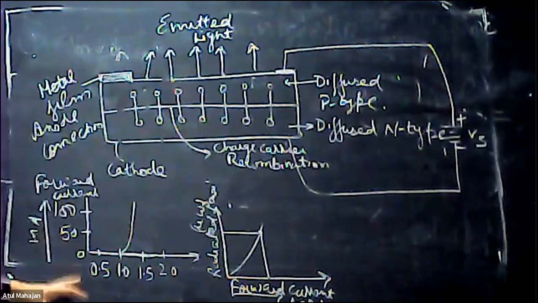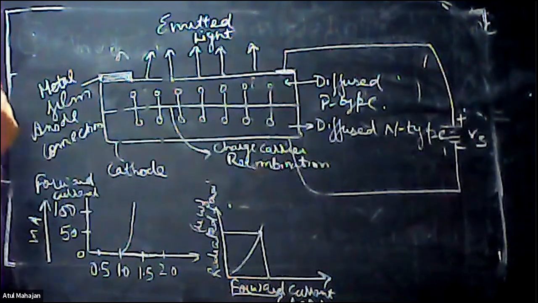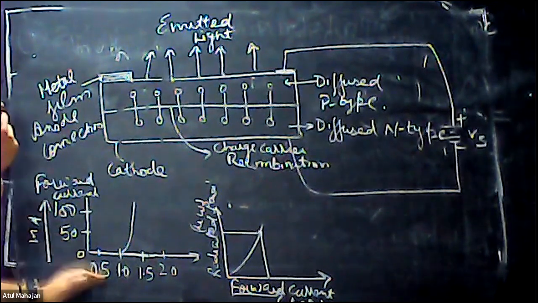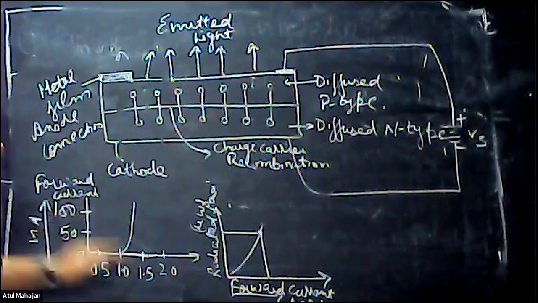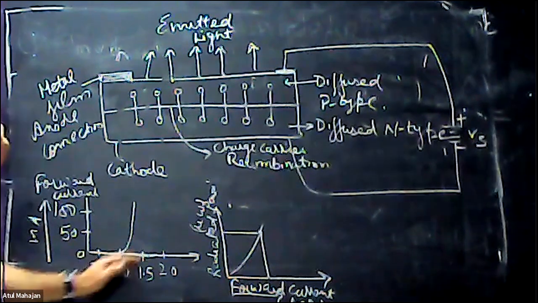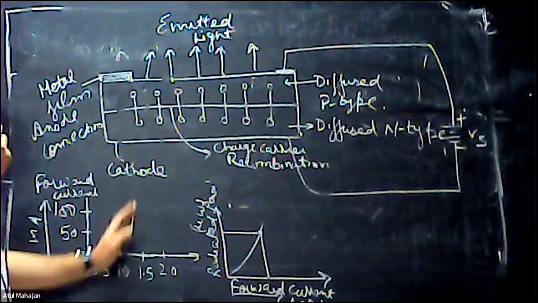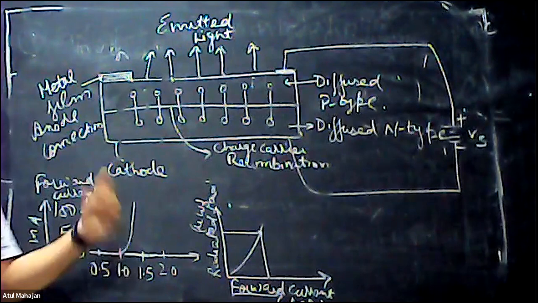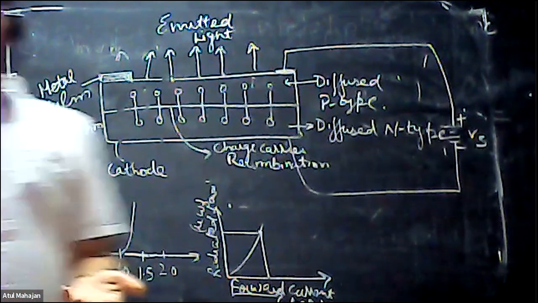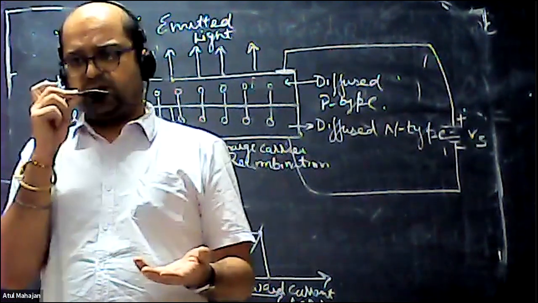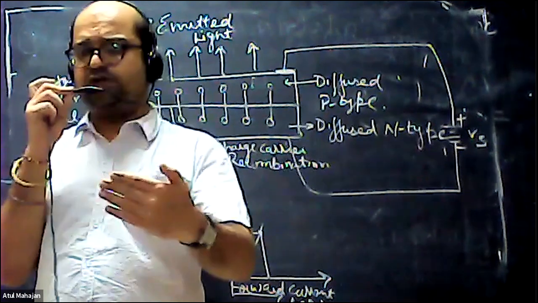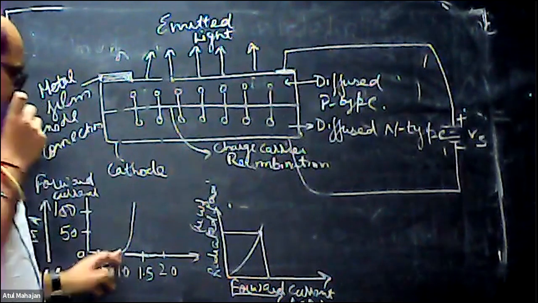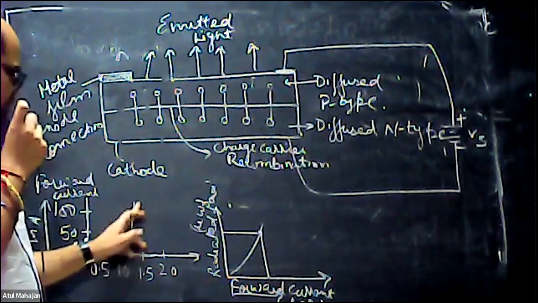Now this is a graphical representation of the light emitting diode in terms of forward current and forward voltage. This is the forward current and this is the forward voltage. With the increase of voltage, there is an increase in the amount of current. The operating voltage for silicon is about 0.7 volts, so after 0.7 volts, at about 1 volt, the LED starts working and the current starts increasing.